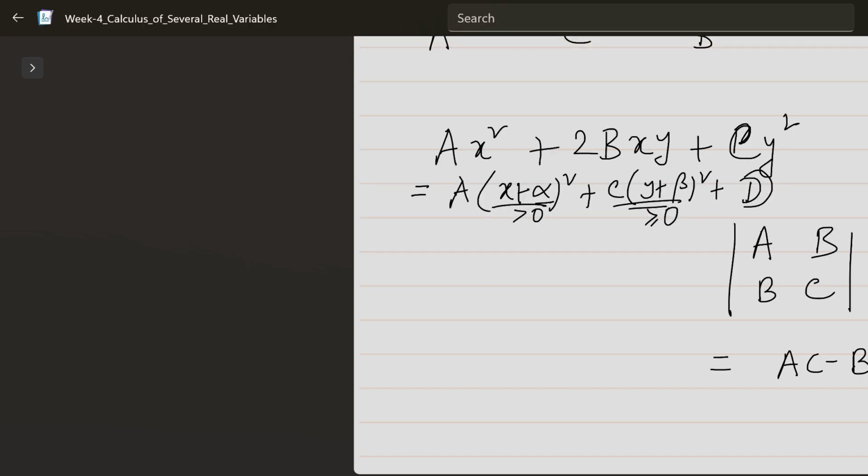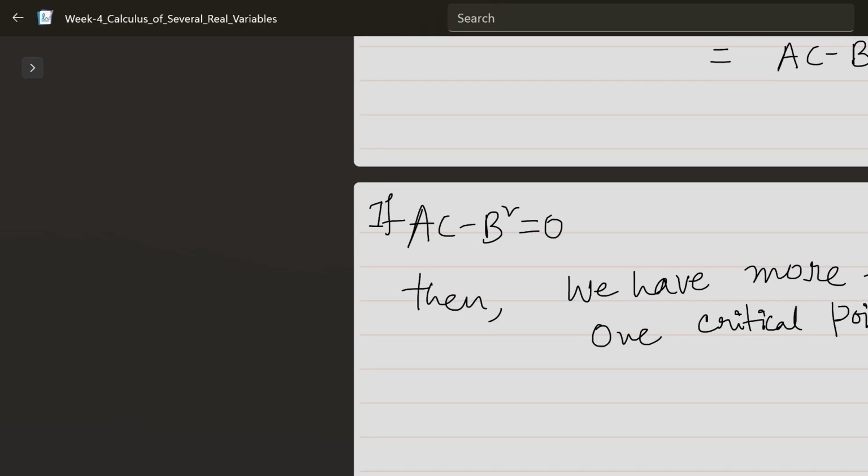If this happens, this is called the Jacobian actually. I will tell about why it is giving like that. And if AC minus B squared is non-zero, then we have only one critical point and we have to check the characteristic at that critical point.